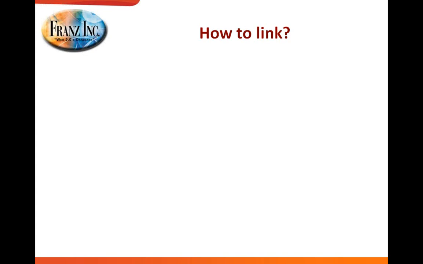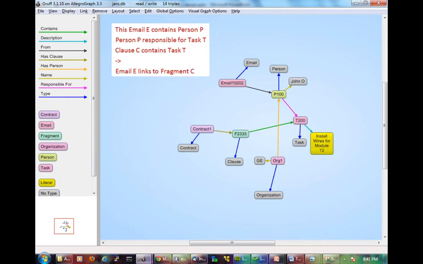So for that, we wrote a set of business rules, and just to give you one example, this would be a business rule where you say, well, if an email E contains a person P, so this email contains a particular person, and this person P is responsible for a particular task, and then there is a clause that contains this particular task, then link this particular email to a particular contract phrase, a contract C. So at the end there will be a direct link from email to this phrase of the contract.